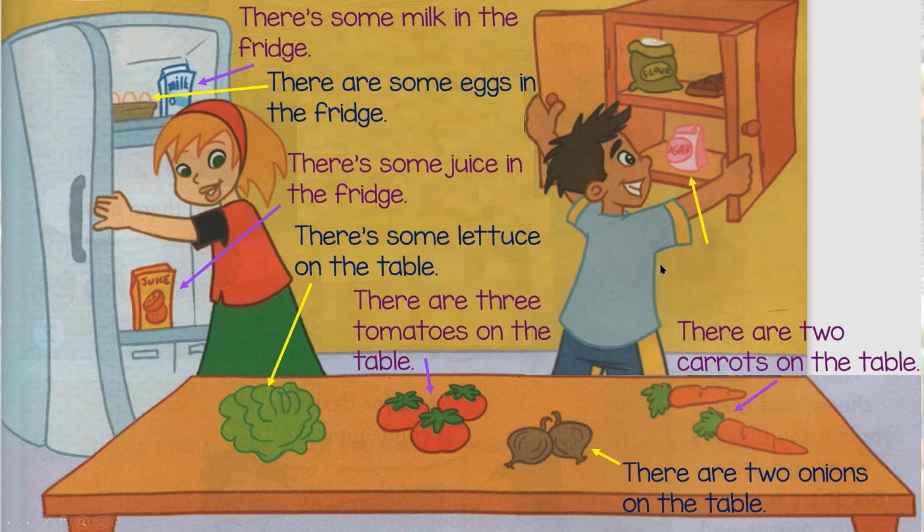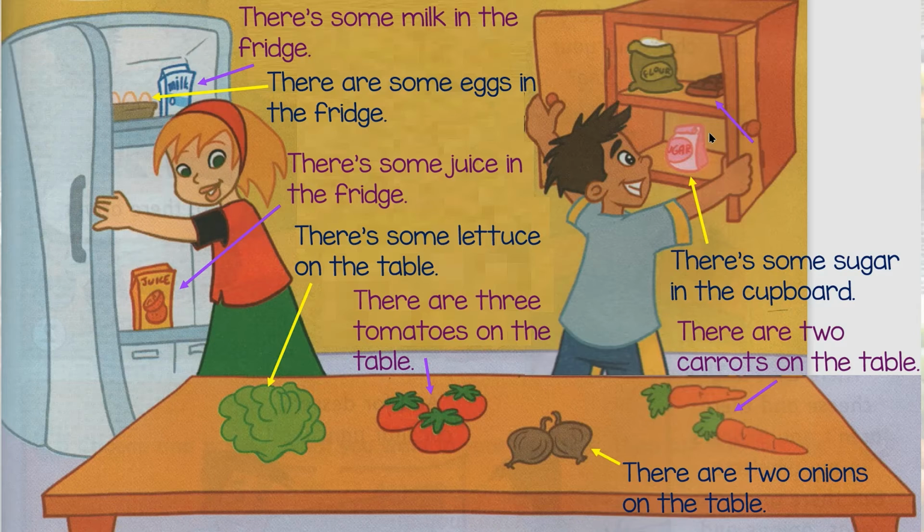Now, what about sugar? Can we count sugar? No, we can't. We will have to use there's some in our sentence. There's some sugar in the cupboard. And then next one will be chocolate. Can we count chocolate? We can't. We can count them as a bar of chocolate or 2 bars of chocolate, but chocolate itself is not countable.